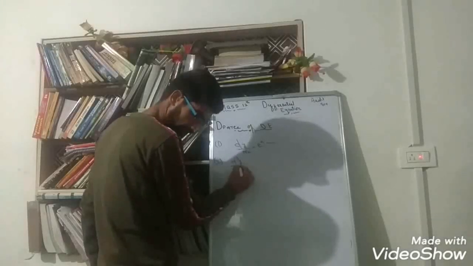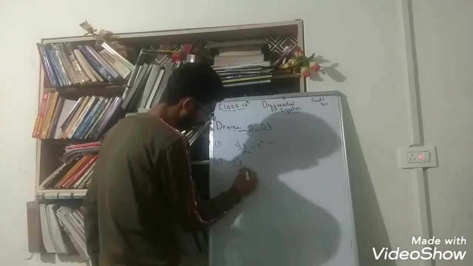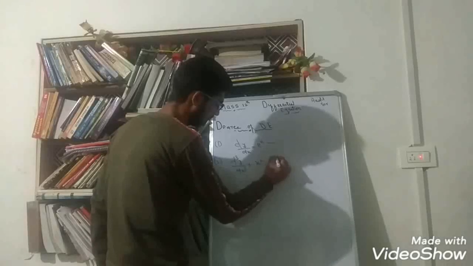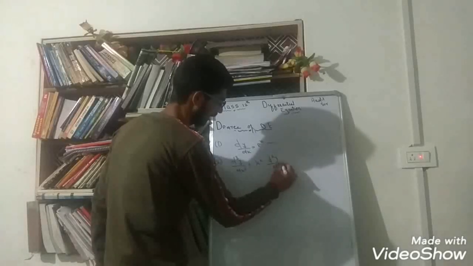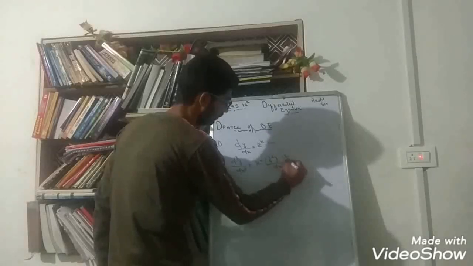Now the second one you write down: d cube y divided by dx cube plus x square d square y divided by dx square is equal to 0.